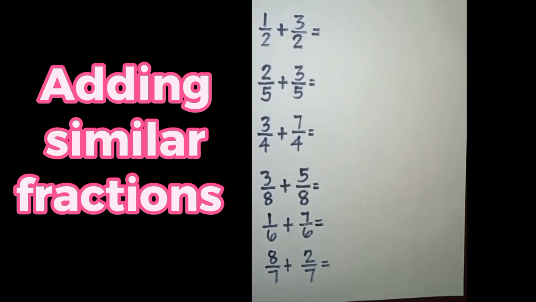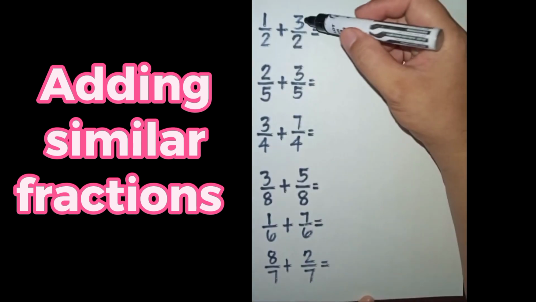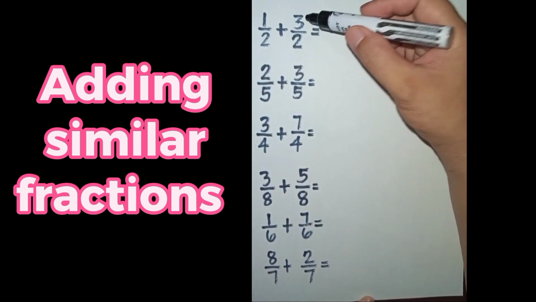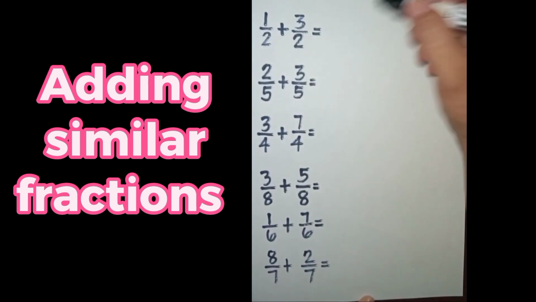Now we have to add similar fractions. Similar fractions means fractions that have the same denominators. Okay, so for number 1, we have 1/2 plus 3 halves. So 1 is our numerator, 3 is also our numerator, then 2 is our denominator.